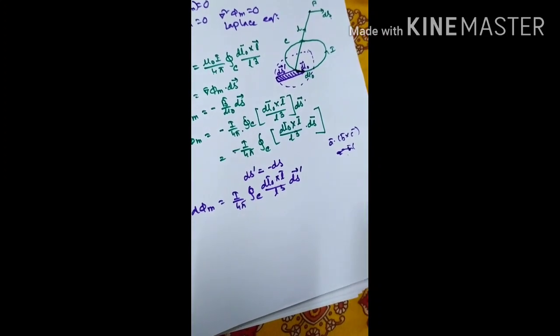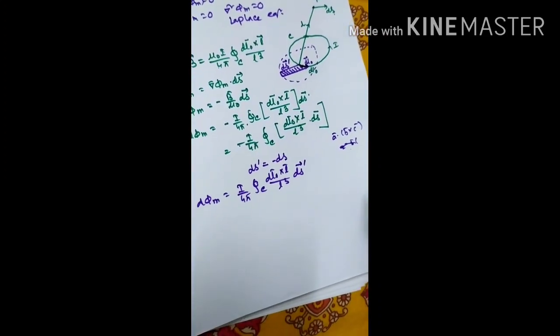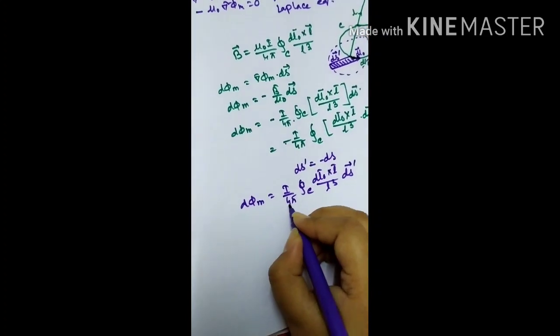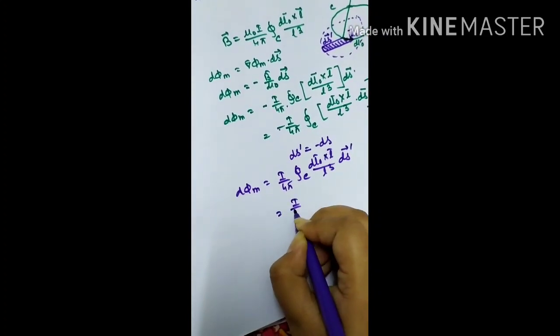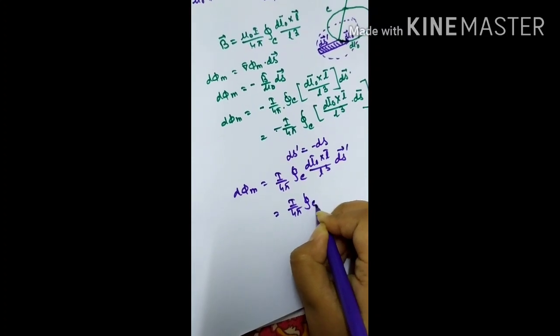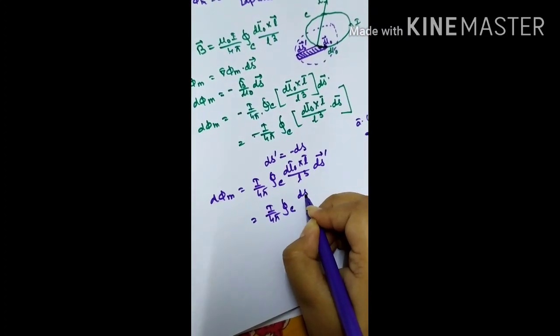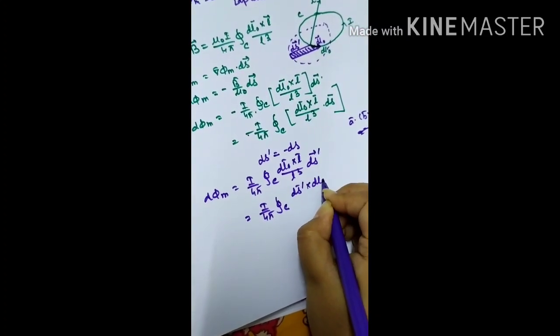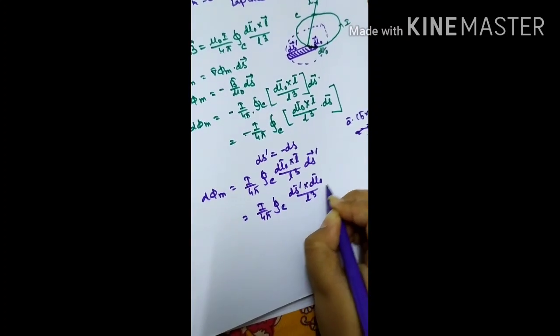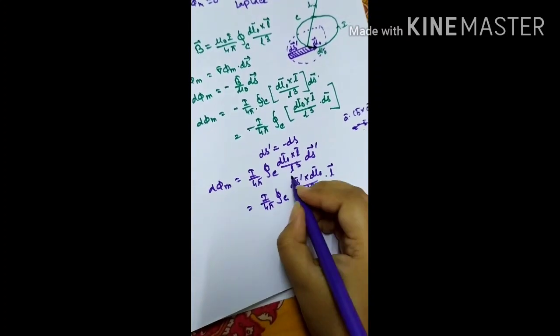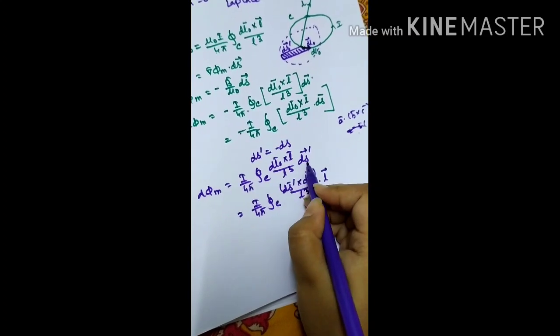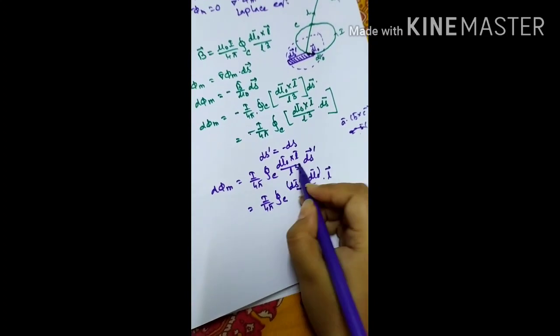In this way we can interchange here, and we get ds prime cross dl0 by L cube dot L. Actually I interchanged ds prime and dl0.